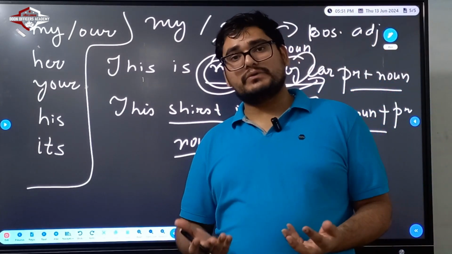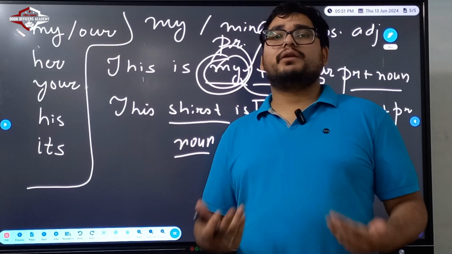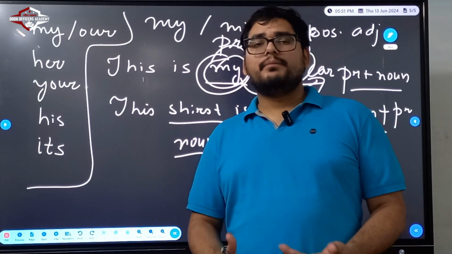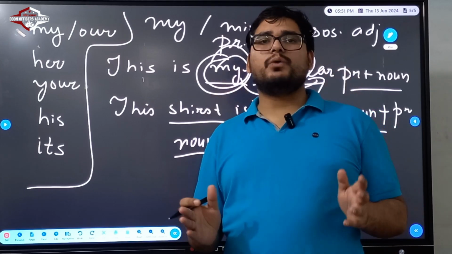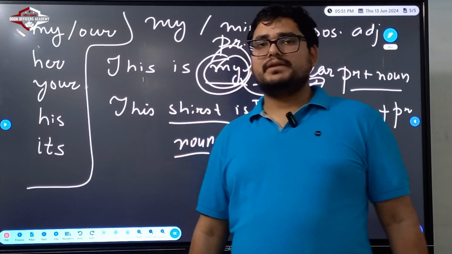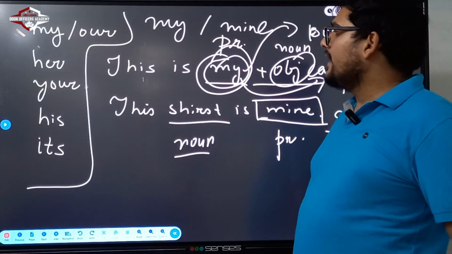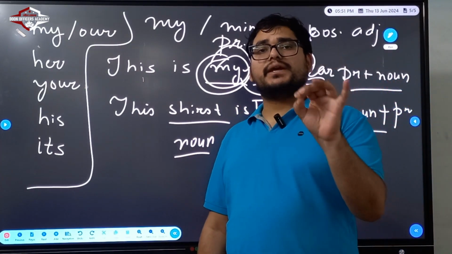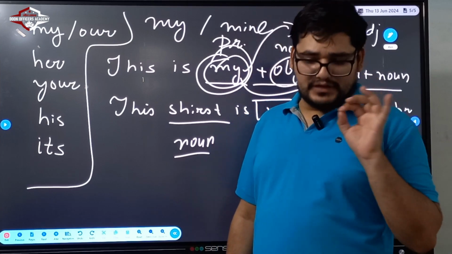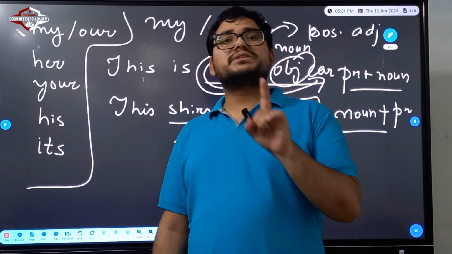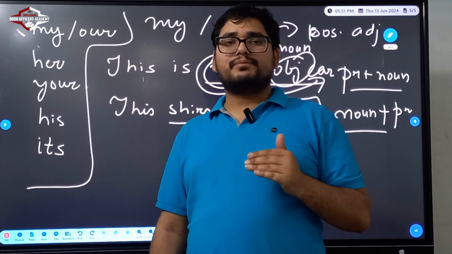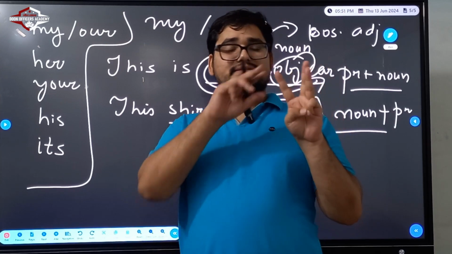And why do we use pronouns? That we discussed: to avoid the repetition of nouns, right? Because it doesn't sound comfortable to listen to a name again and again. Then after that, we discussed types of pronouns. The first type that we learned today was your personal pronouns. Under your personal pronouns, we studied three cases. That is the subjective case.